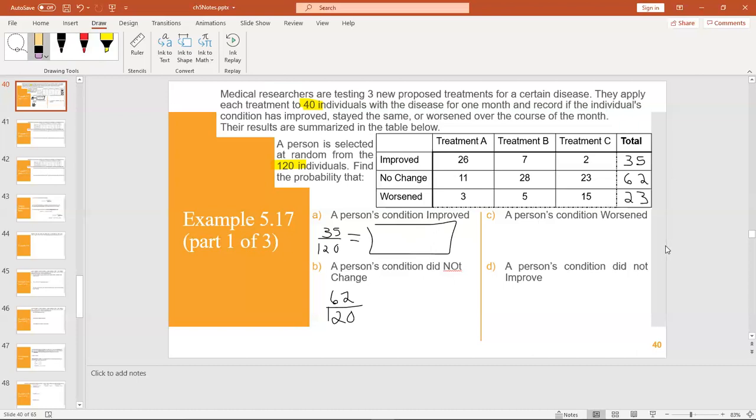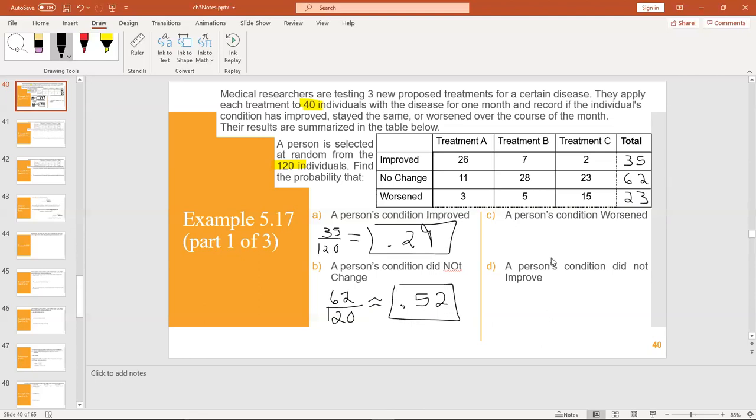Let's try this again. 35 divided by 120 is actually 0.29 approximately. 0.29. People who did not change, that's going to be 62 divided by 120, which is 0.52 approximately. So more than half of the patients experienced no change whatsoever.